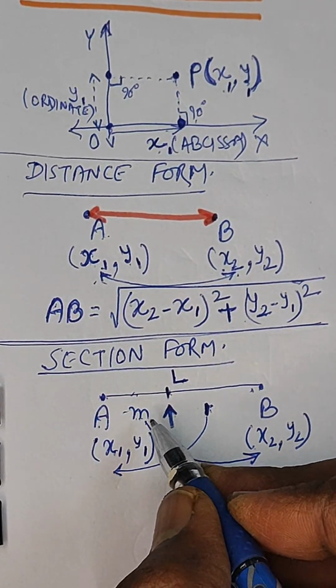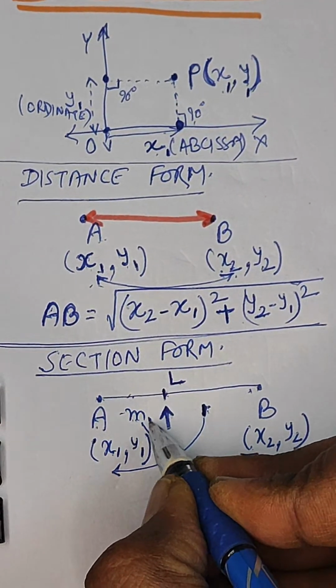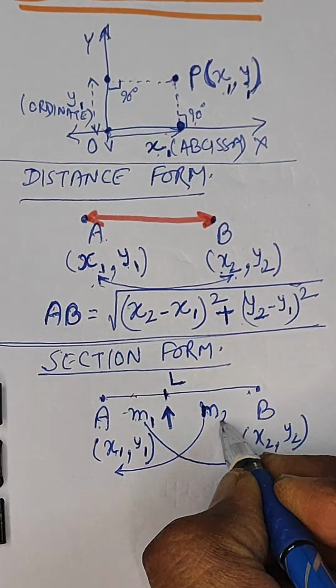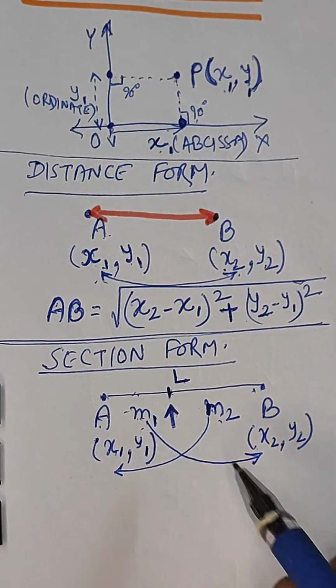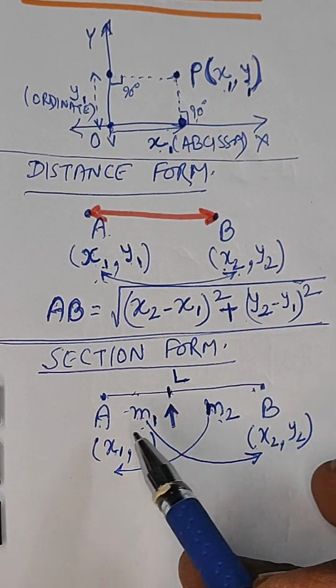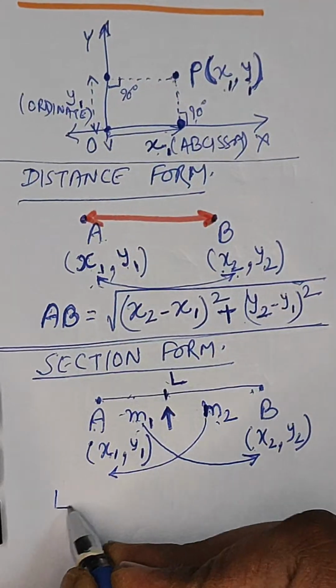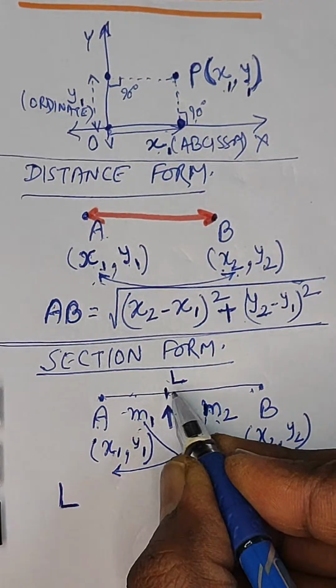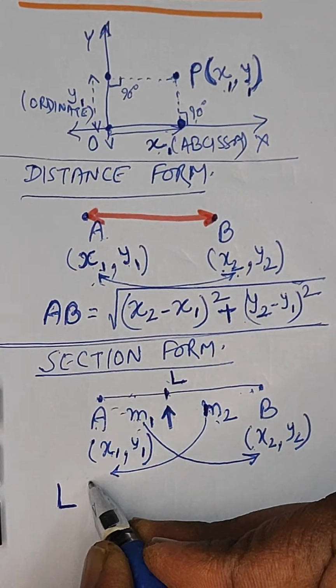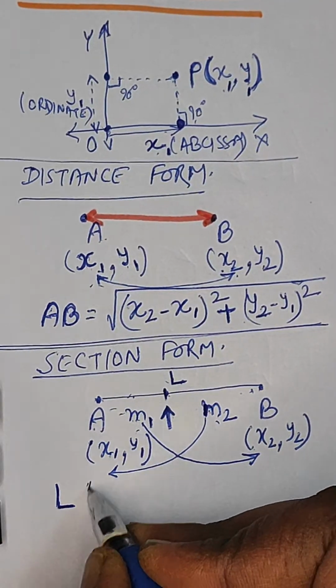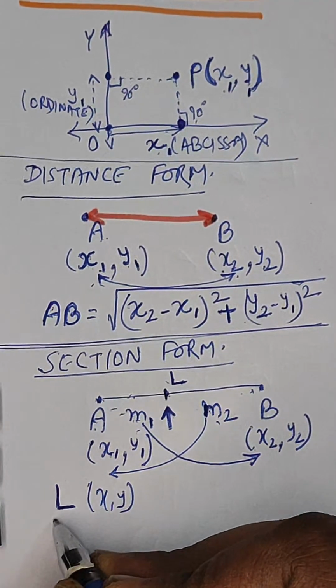or maybe we can say, if this is m1 and m2, it will be better to understand, right? If this point is dividing the line AB into the ratio m1 is to m2, then the coordinates of L, the point which is dividing this line, let us say this is x and y, right?